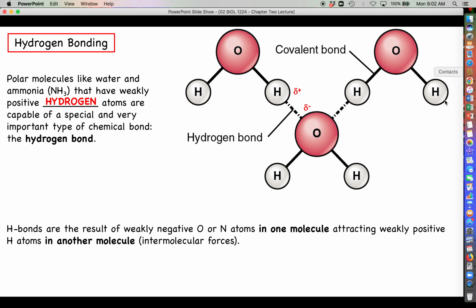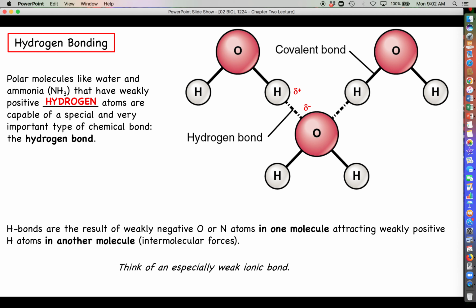So if you look at water forming hydrogen bonds here, you have the weakly positive hydrogen ion electrically attracted to the weakly negative oxygen atom of a different water molecule. So hydrogen bonding is not bonding within a single molecule. Hydrogen bonding is an attractive force between at least 2 different molecules at the same time, what we call intermolecular forces.